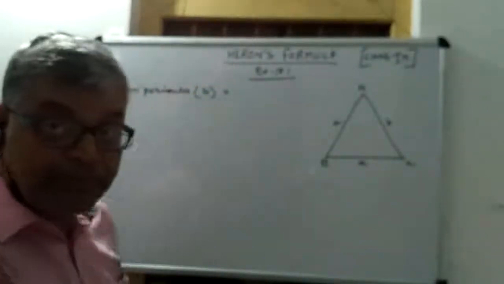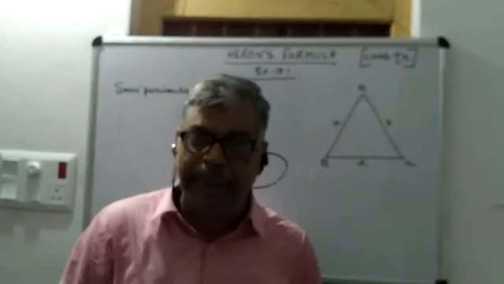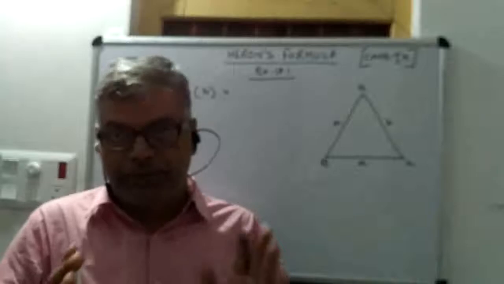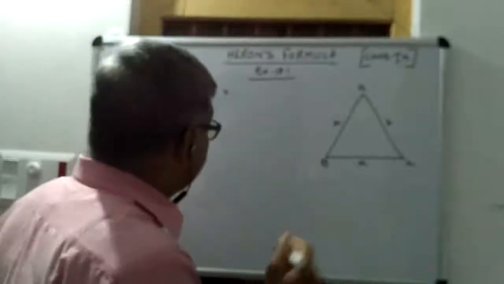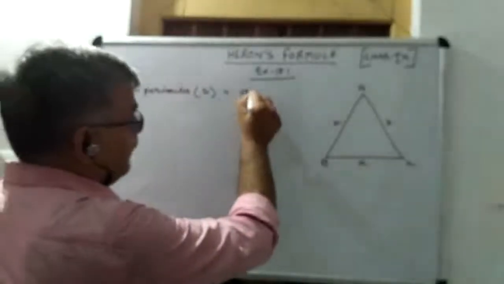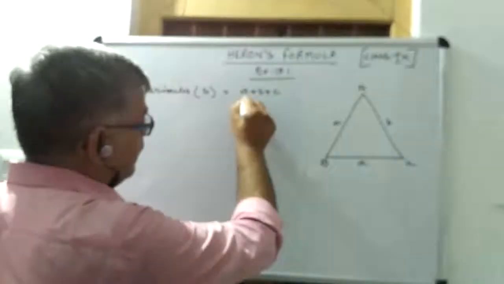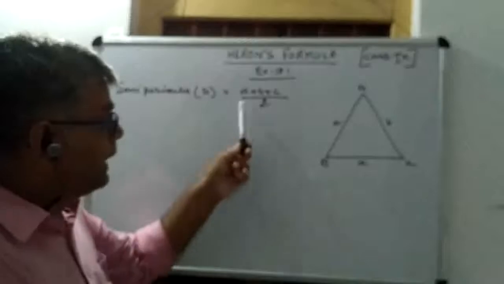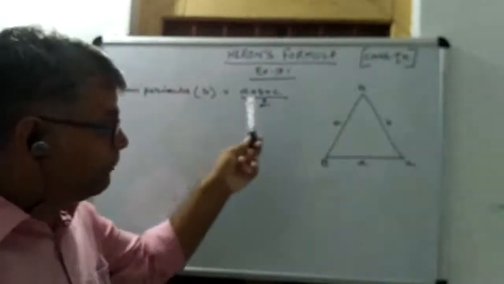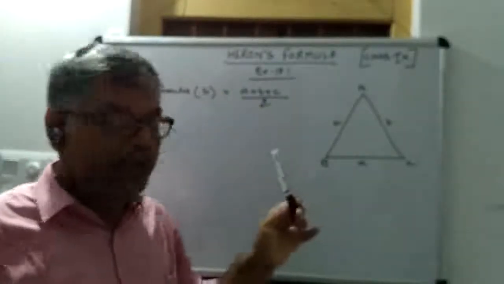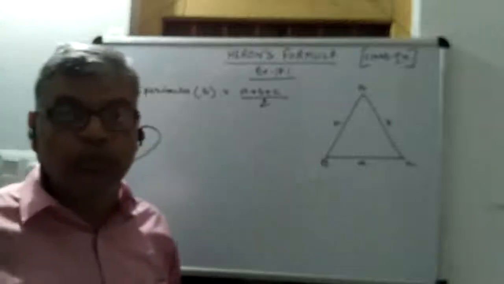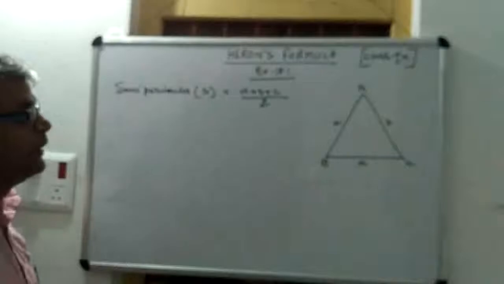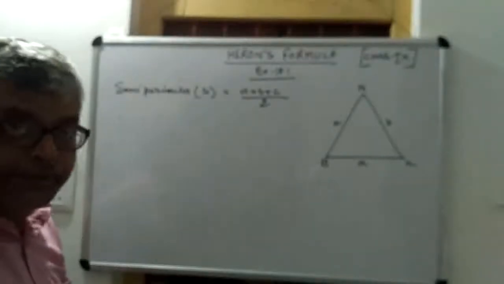As you know, semi-perimeter means half of the perimeter, and the perimeter of a triangle is the sum of all three sides. So the semi-perimeter will be (a + b + c)/2. The sum of all three sides, a + b + c, is the perimeter, and when it is divided by 2, it becomes the semi-perimeter, which is represented by s.